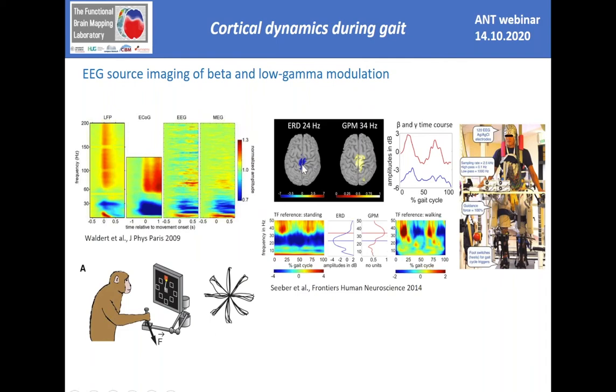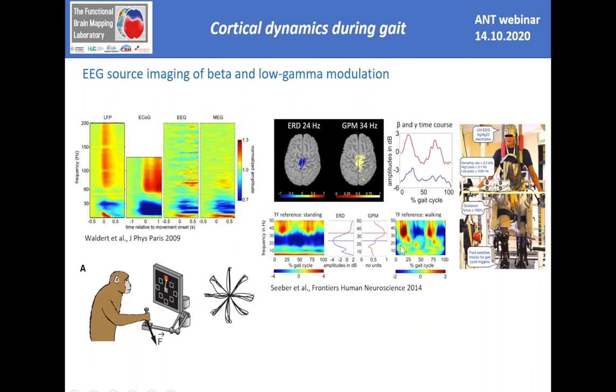And the second feature we observed is this modulation here. And this modulation was surprisingly present at a different frequency. What I show here in the middle is where the beta suppression is maximum, and here I show where this gamma modulation is maximum. And what was fascinating is that there are two modulation cycles in the gait cycle that are somehow correlated to the walking pattern, right?